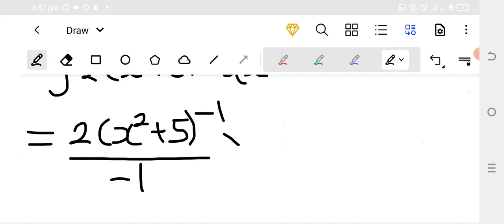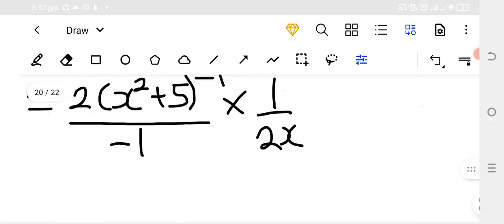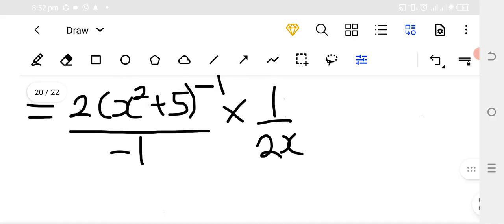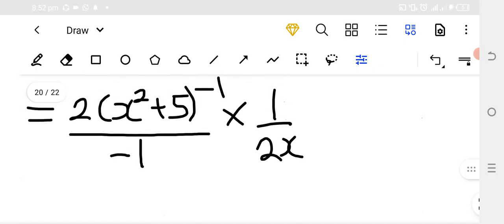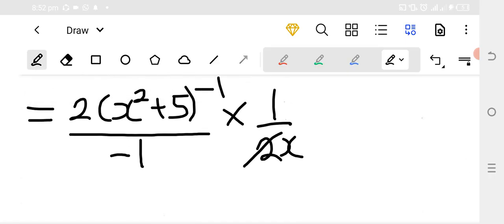So it's the same as multiplying by 1 over 2x. So bracket differentiated is 2x. You are going to have something like this. As you can see, the 2 can cancel out there with the 2 up there, and then you're going to have a negative sign. Okay, the negative sign right here.